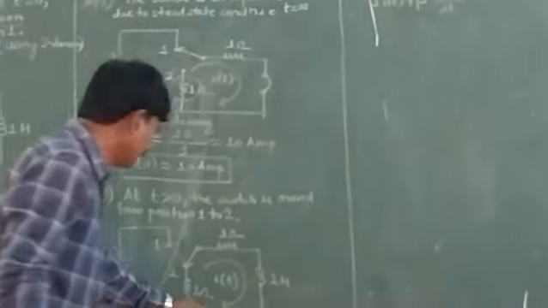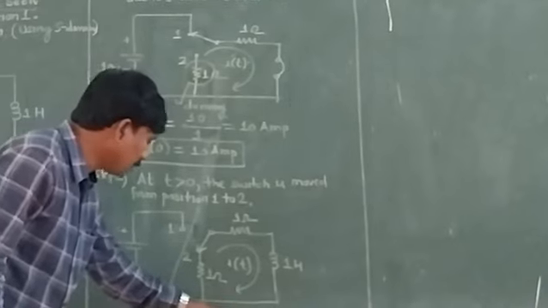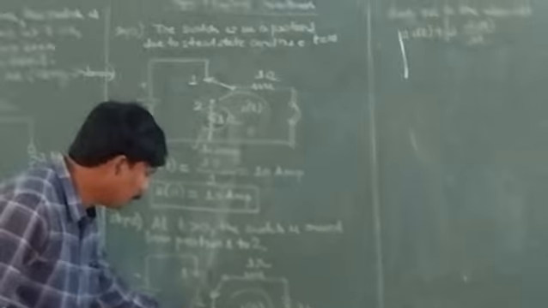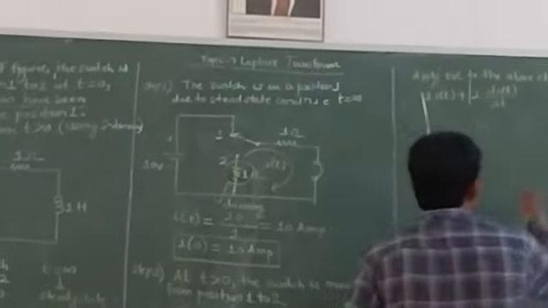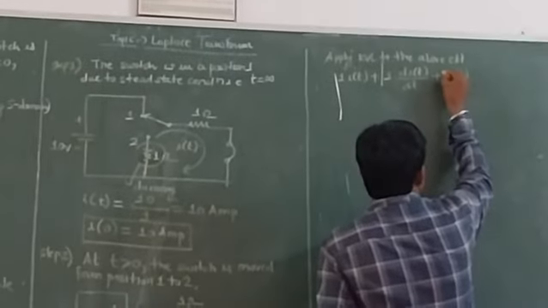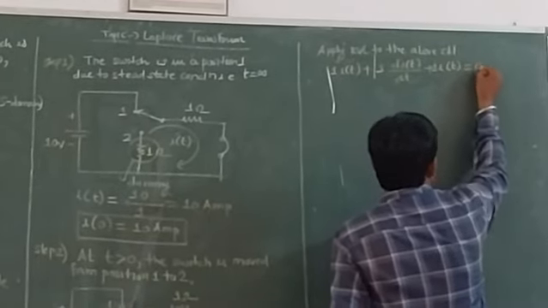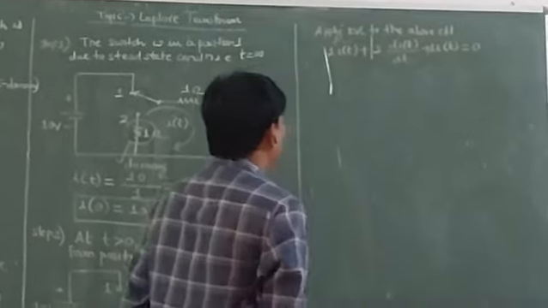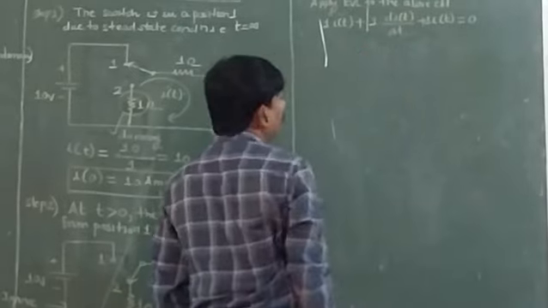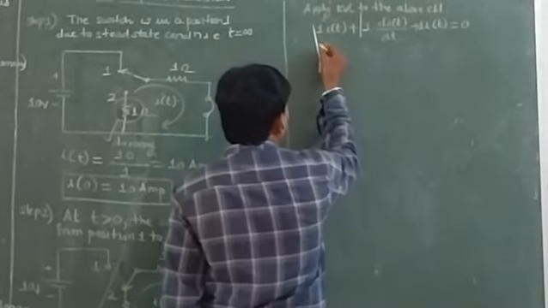Now there is no element on the lower side. Now the current enters this resistance, and the voltage drop across this resistance is again 1 into I of t, equals 0. So we have to simplify it. 1 multiplied with any variable or constant remains as it is.